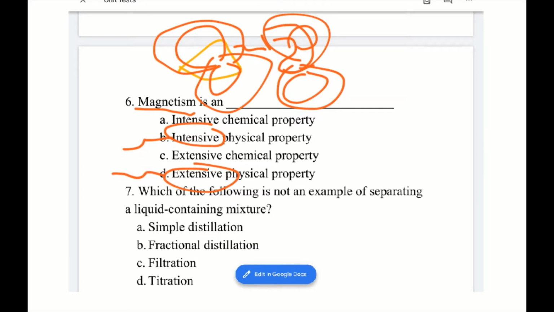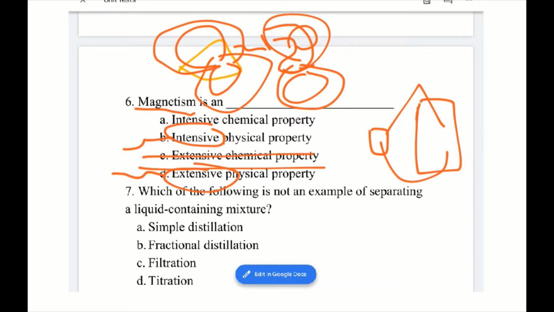Now, if you have a little bit of magnetic object versus a lot of magnetic object, aren't both of these still considered magnetic because they exhibit magnetism? So for that reason, it doesn't matter what the size of it is, both of them exhibit magnetism, so we know that C and D are out, and we're left with A and B.